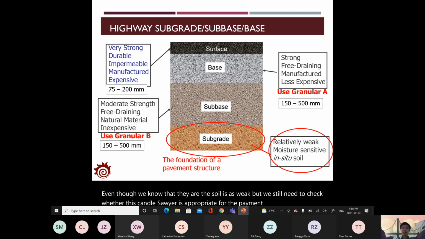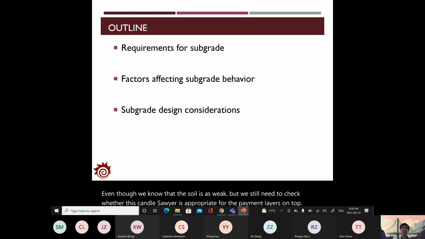In this topic, we're going to introduce the requirements of the subgrade for the pavement design, the potential factors which will affect the subgrade behaviors, and the considerations that we have to put in the design of the subgrade layer.